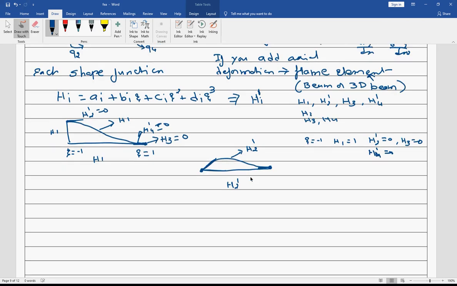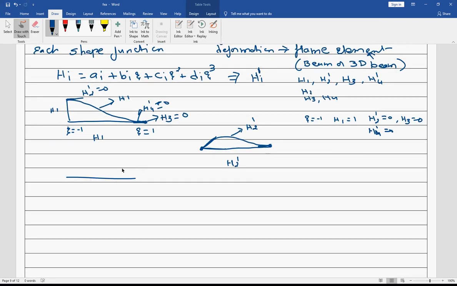Similarly, I can go for h3. So this is my h3 behavior, and this is my h4 dash behavior. So all the behaviors I have currently drawn.